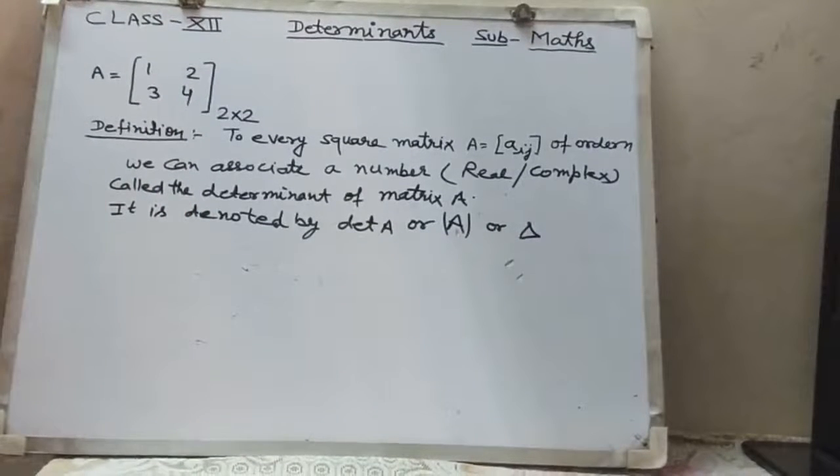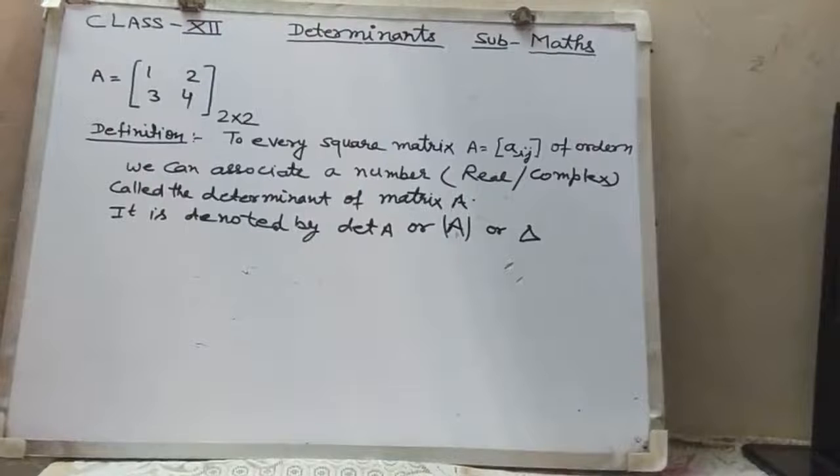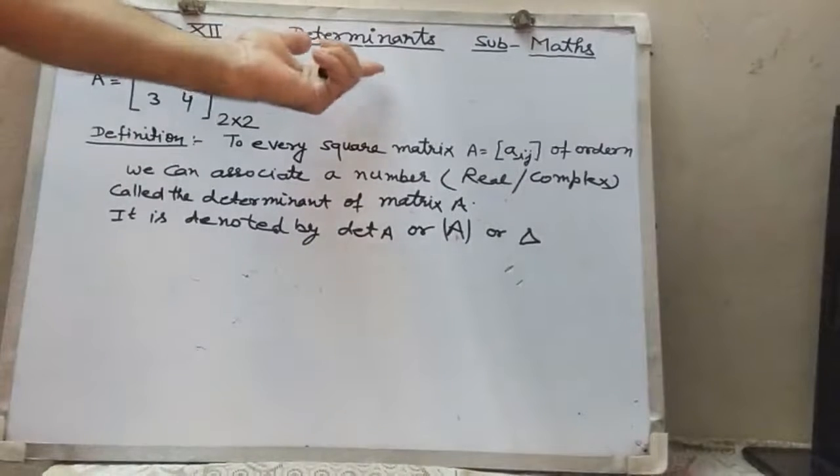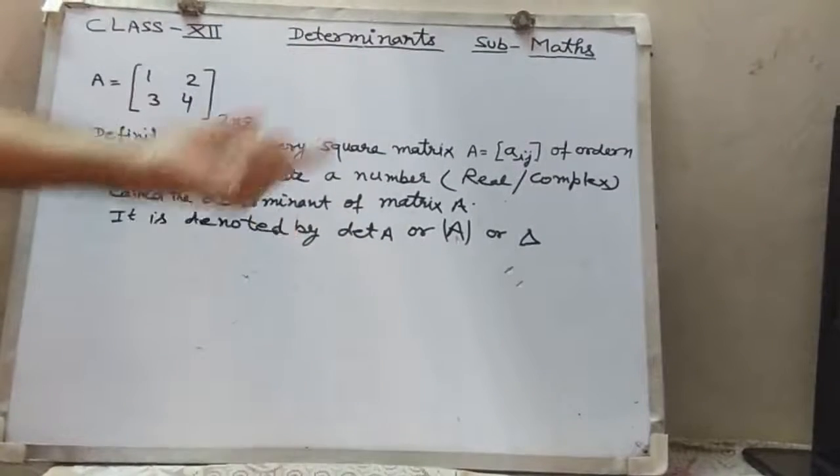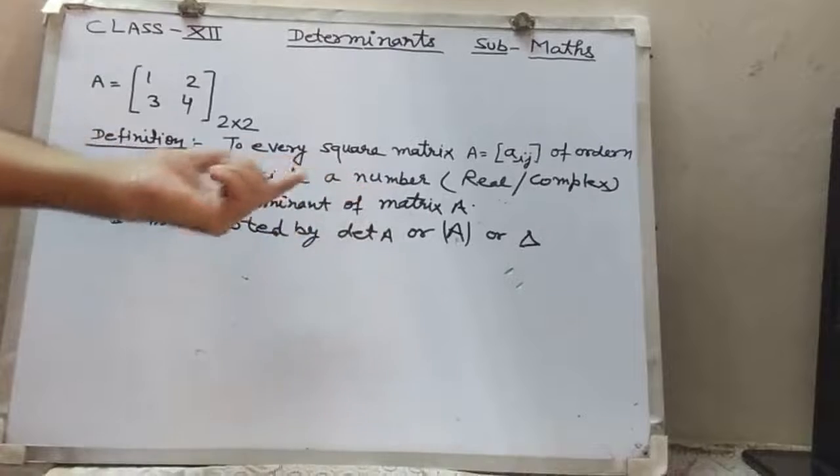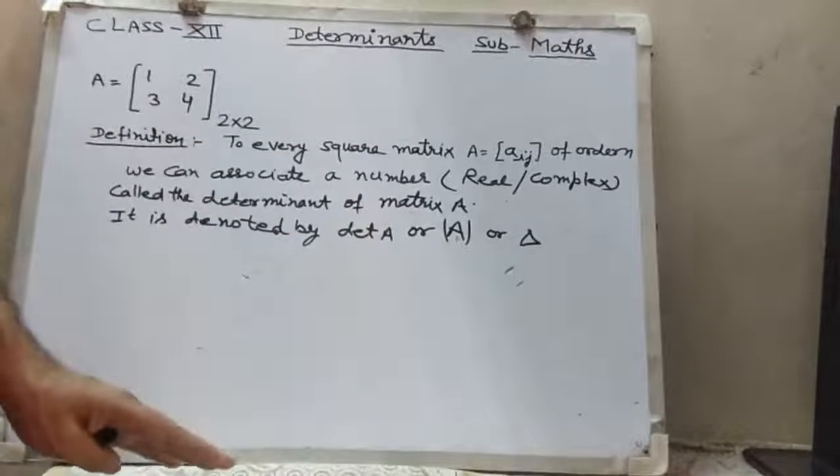So this is the determinant. So what we come to say, determinant is a number that associates with every square matrix.